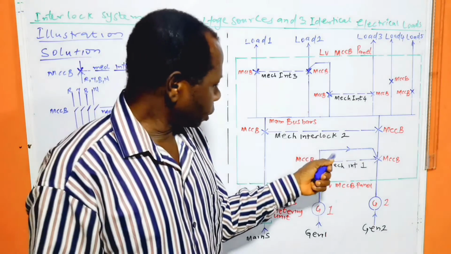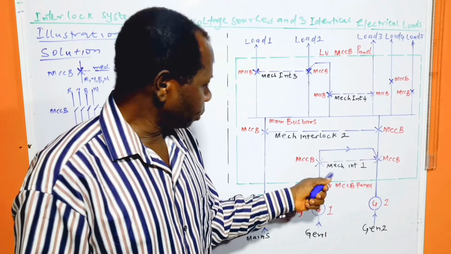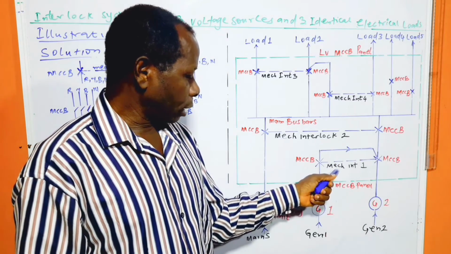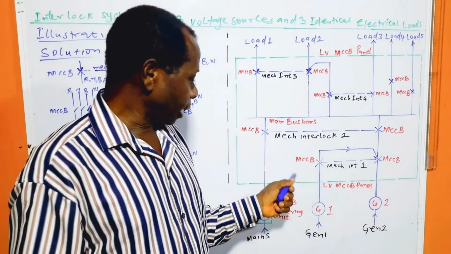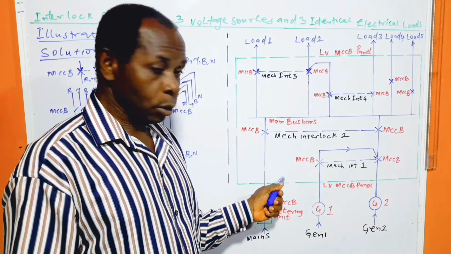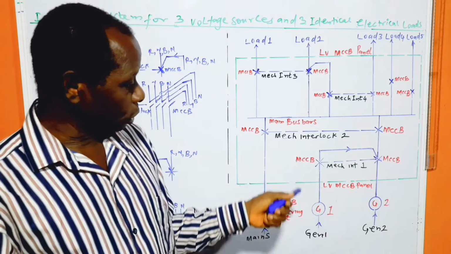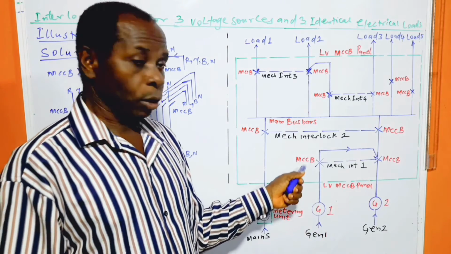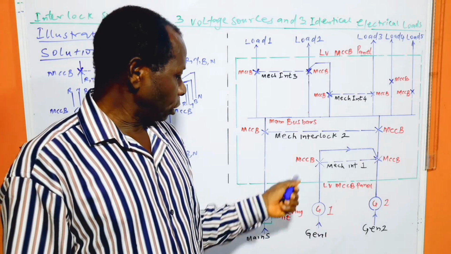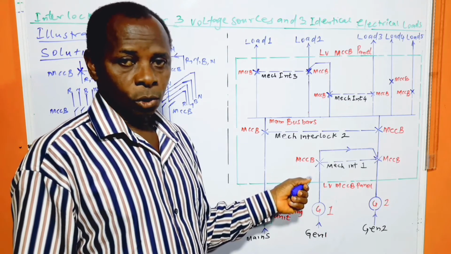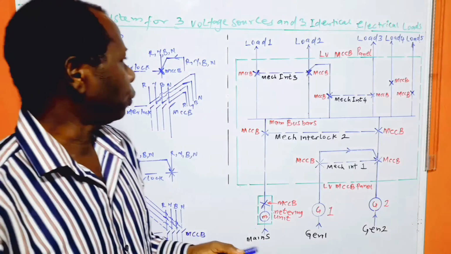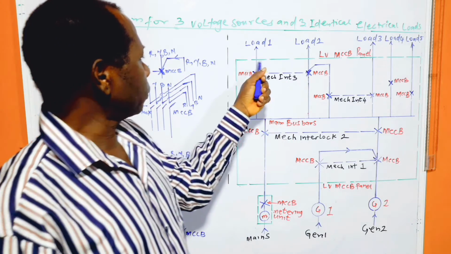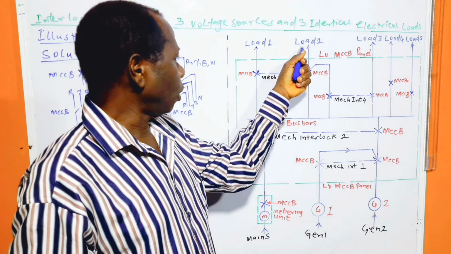Now, this interlock unit, which is the generator selection interlock unit, can actually be outside this low voltage panel. In fact, it could be remotely located from it, or it could be incorporated in the low voltage panel as it is shown here.